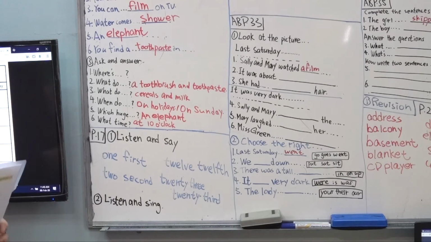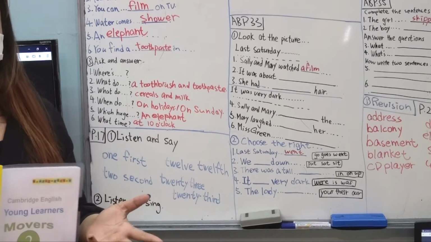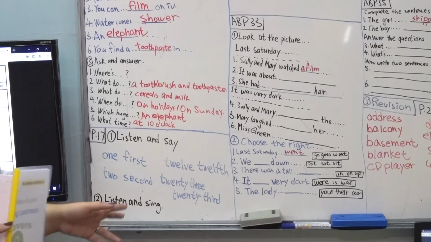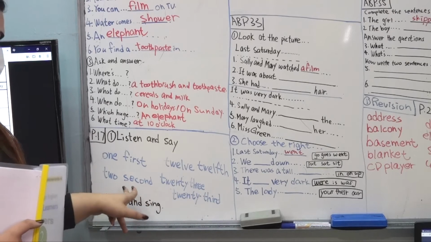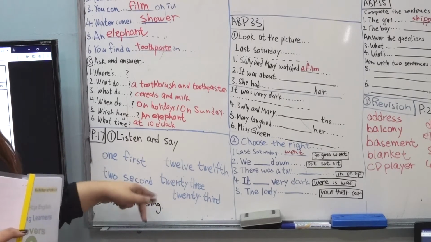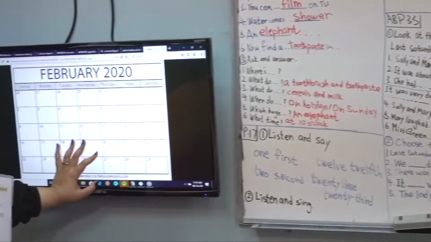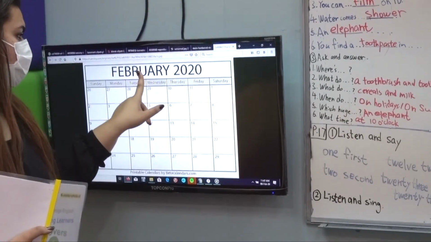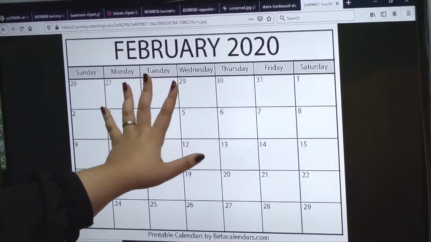But when we are talking about the date or which floor we live on, we can use this kind of number. That is called ordinal number, okay? First, second, third, fourth. Let's look at this calendar. So this is the calendar of February, right?